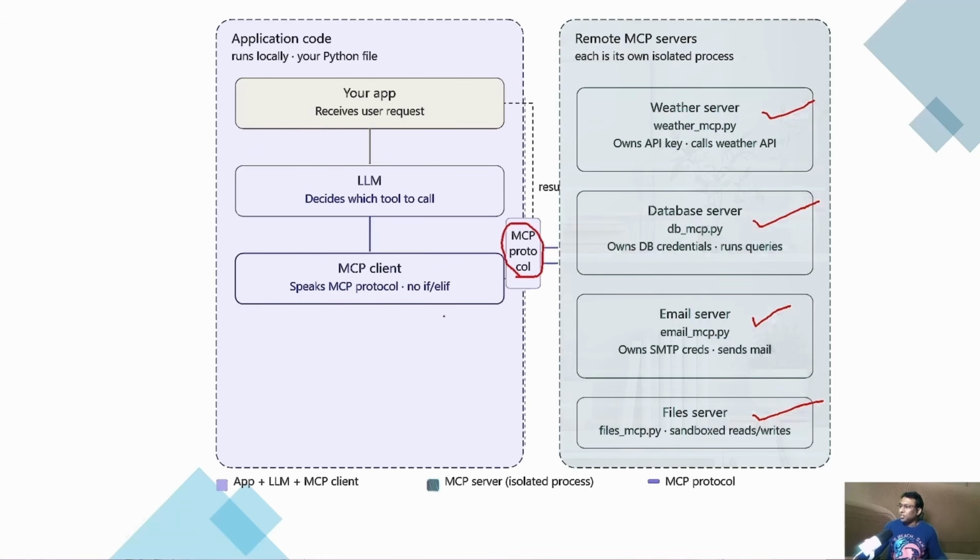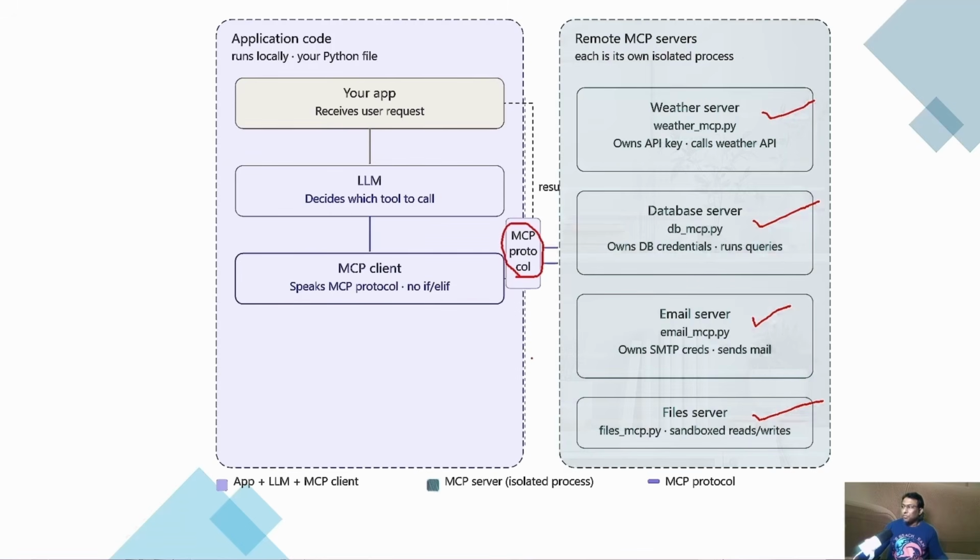If you add new tools, just configure the tool name information in the application code, and our application will work with the new tool. Another is security. All security is handled in its own server, right? Because of this, security will increase and scalability also will increase. Now, I hope you understand why MCP exists.